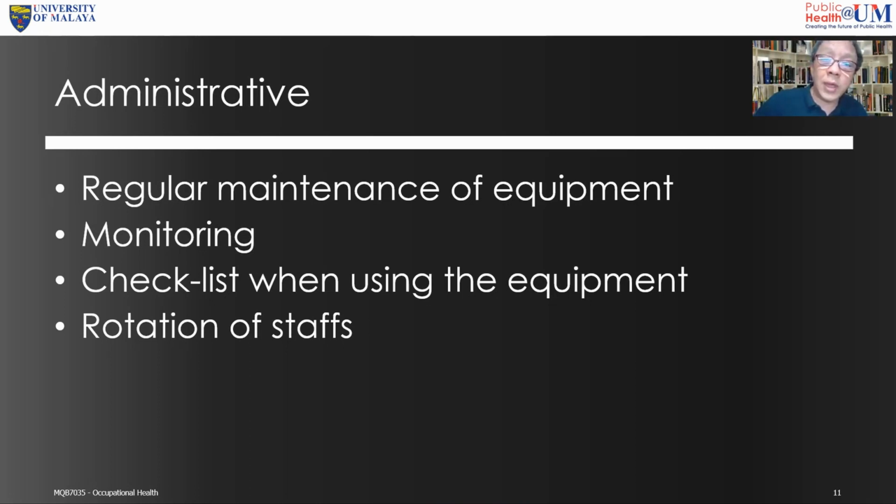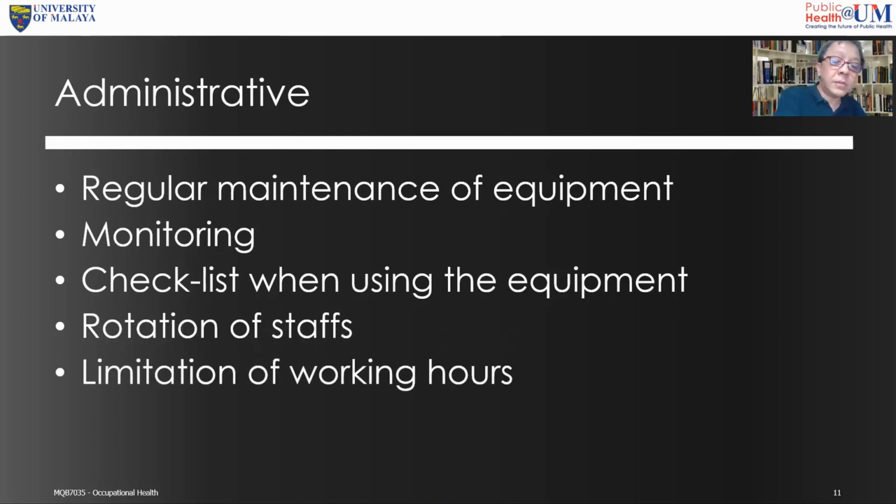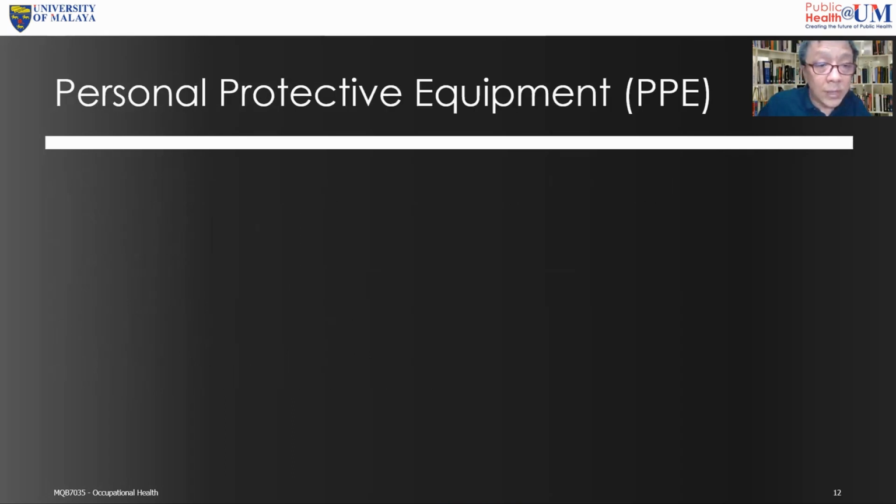Although the TWA is below that, the maximum cannot be exceeded. Limitation of working hours is another way of reducing the hazard, which is basically the same as rotation of staff.